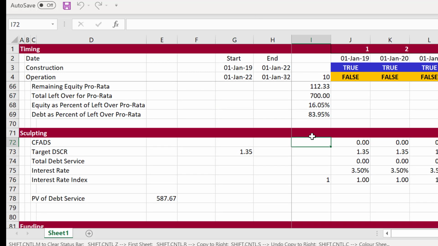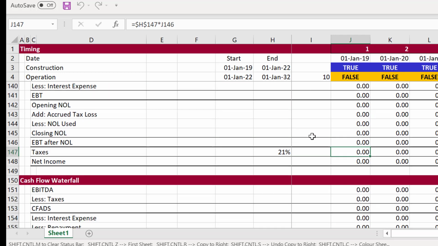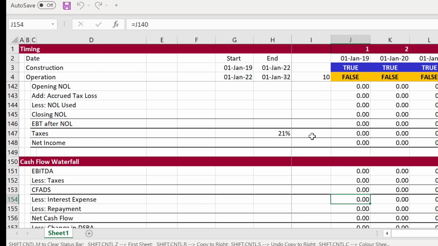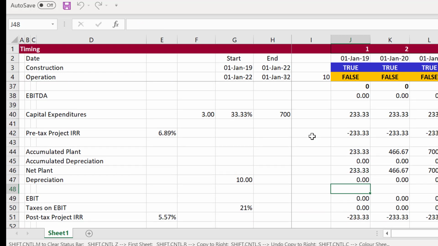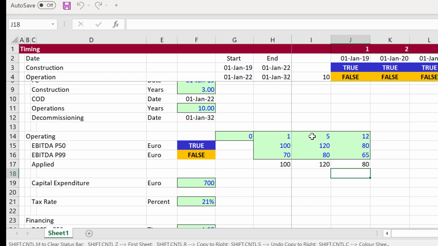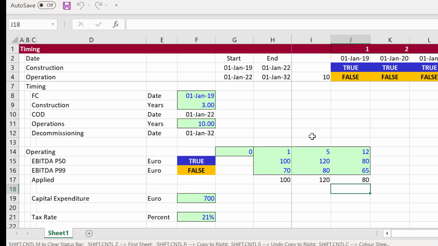We have not done a correct calculation of the CFADS, where we take the CFADS from down here by the cash flow waterfall. So what we need to do is fix all of these, and that was the whole idea of making this, to demonstrate how our UDF system works compared to a copy and paste system.